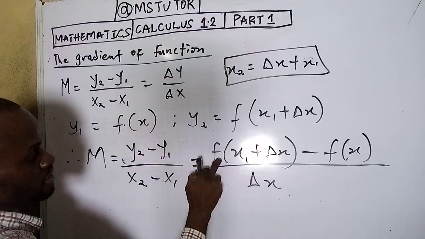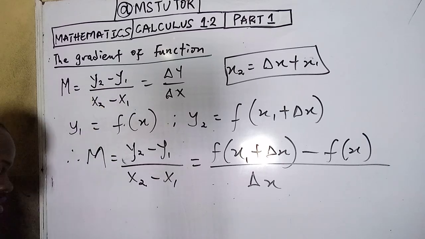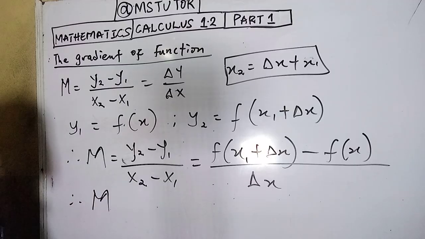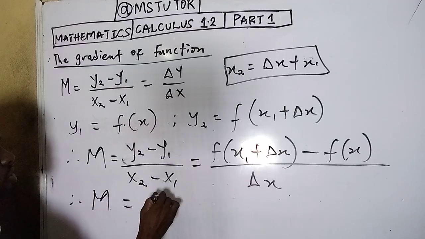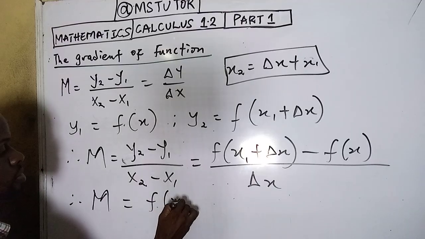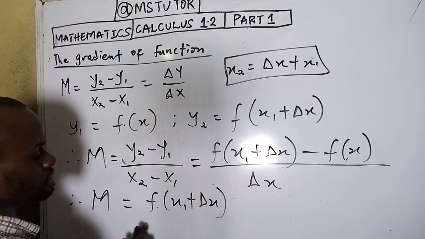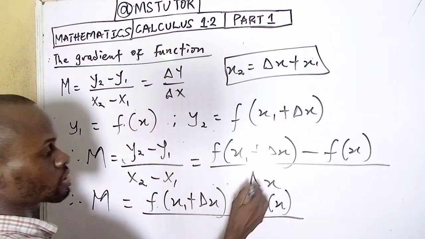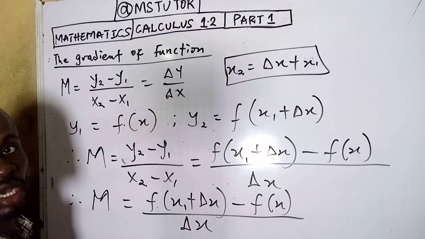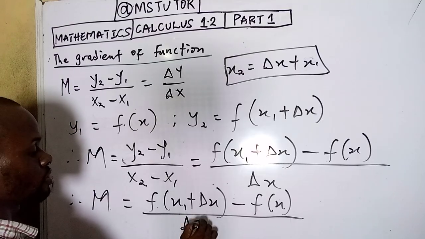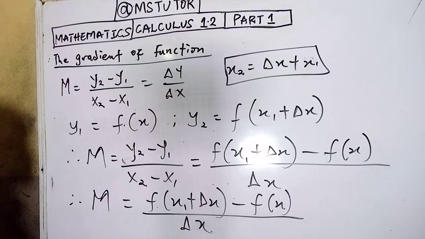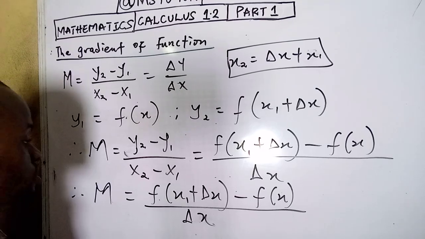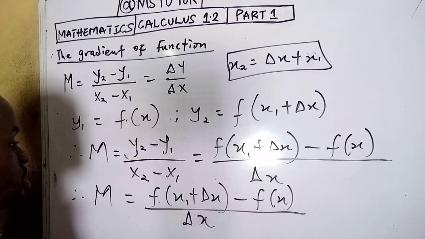So the expression we have here is actually representing this n, that is the gradient, which is expressed as this expression, that is the initial change in x. So from here, we have the actual expression for differentiation in a very simple term.